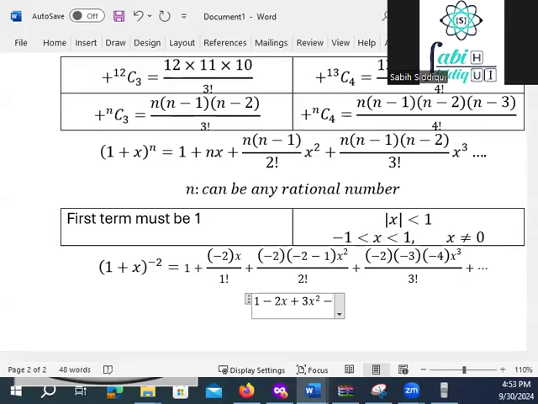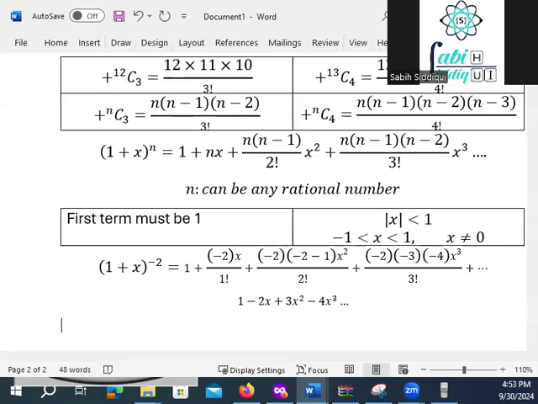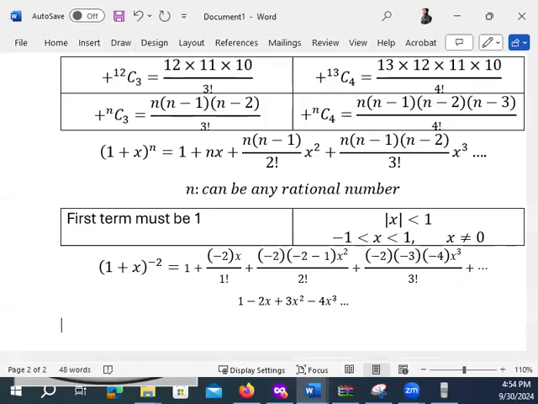Minus 4x cube. Is this what everyone is getting? I want everyone to simplify it on your own. And then let me know what is actually troubling you.